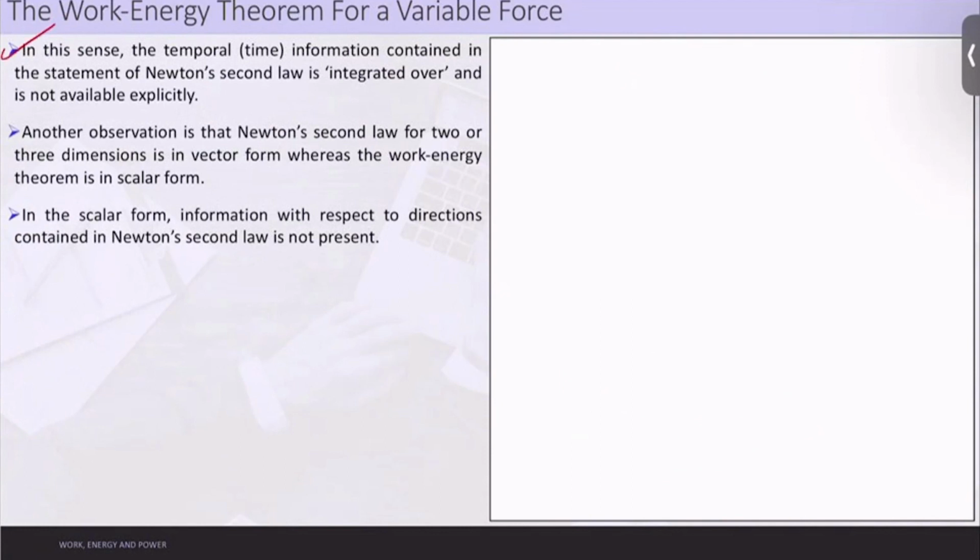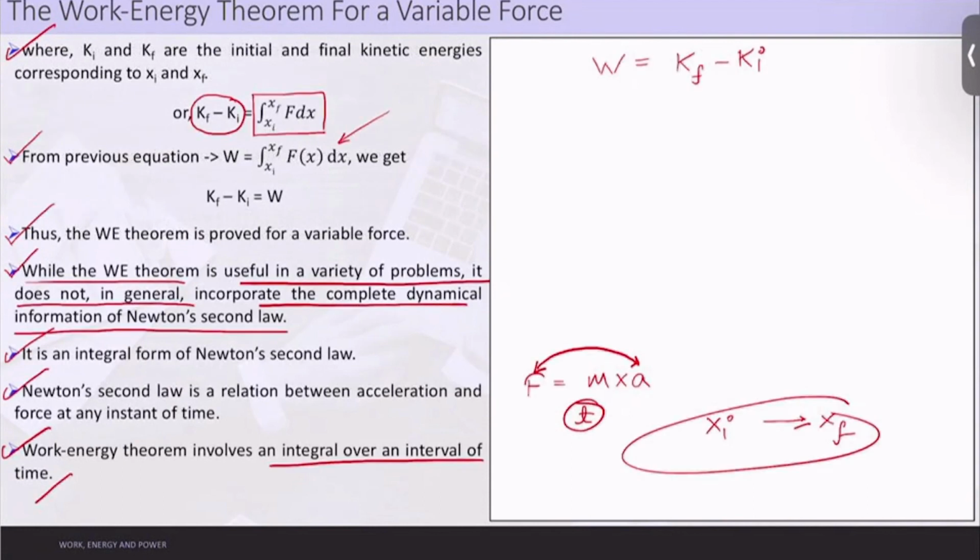In this sense, the temporal information contained in the statement of Newton's second law is integrated over and not available explicitly. As we know, what is actually being explained here is Kf minus Ki, which is equal to the integration from xi to xf of F dot dx. Here nothing of time is being explained.